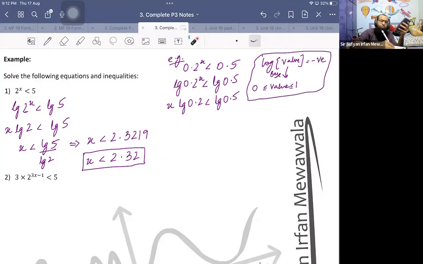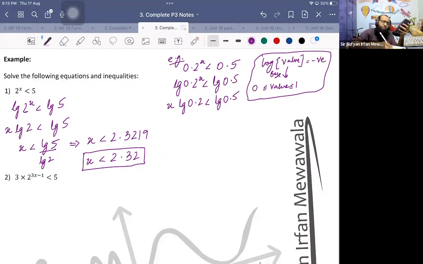So let's suppose lg 0.2 is negative. So if the coefficient of x is negative, and if we try to make it positive, the inequality sign will get reversed. So even if someone is dividing directly, he or she must know this inequality sign has to be reversed. So there are chances of error over here.